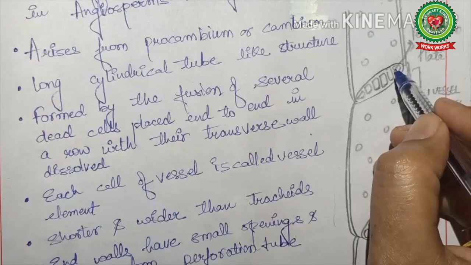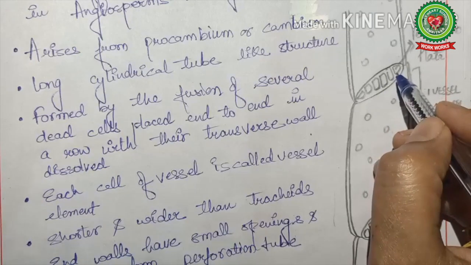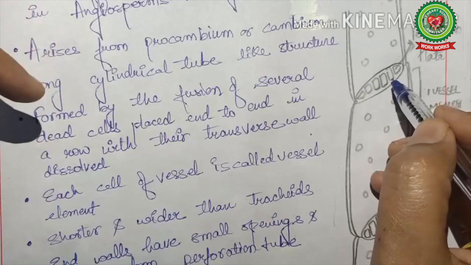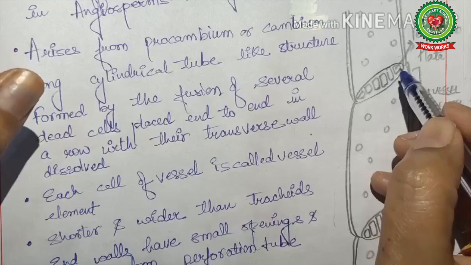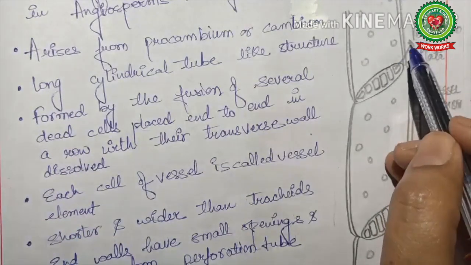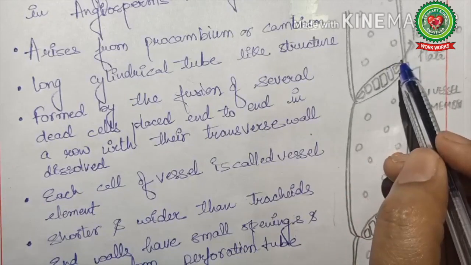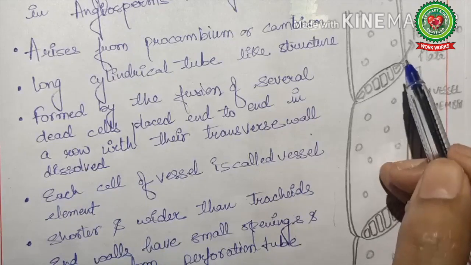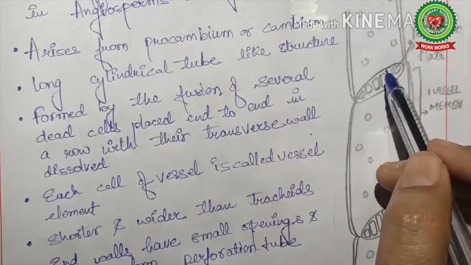That pore may be single or multiple. Due to the presence of the pores on this transverse wall, it is called a perforation plate. Now, if only a single opening is present, it will be called a simple perforation plate, and if many openings are present, then it will be called a multiple perforation plate.